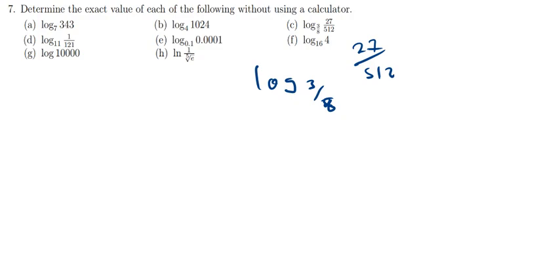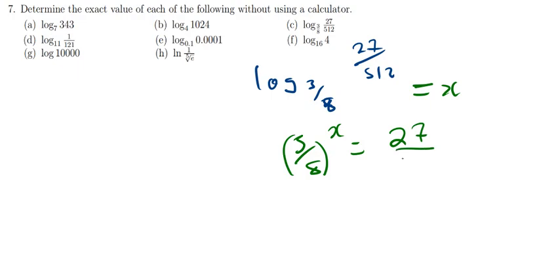The best thing here is I can just tell you to equate it to x. So it's going to be 3 over 8 raised to the power x is equal to 27 over 512. You have seen what I've done, right?